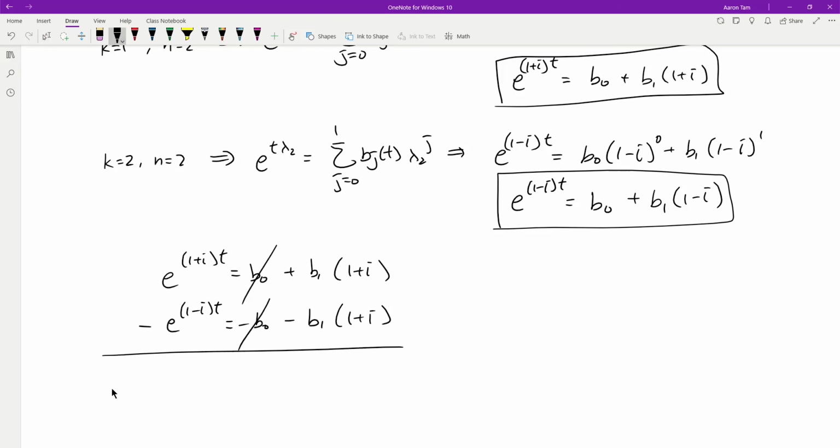And therefore what I have is e to the 1 plus i t minus e to the 1 minus i t equal to b sub 1 times 1 plus i minus b sub 1 times 1 minus i.